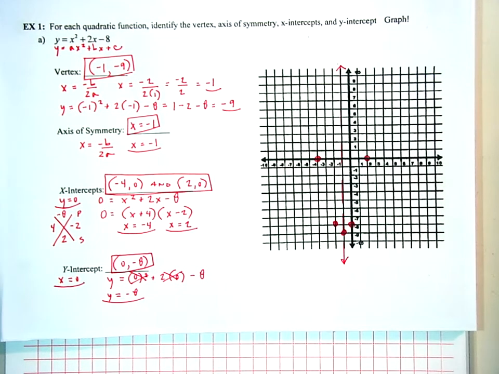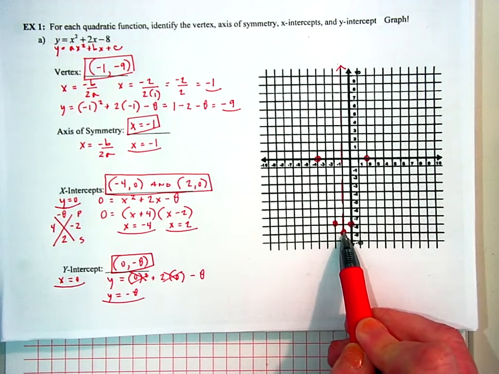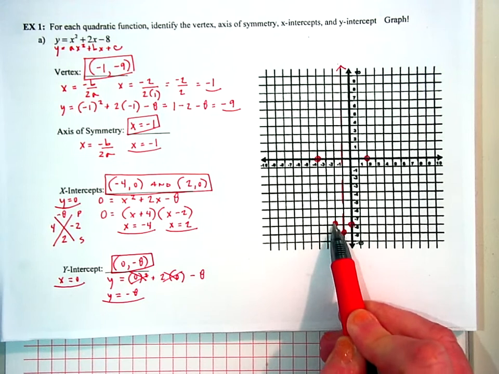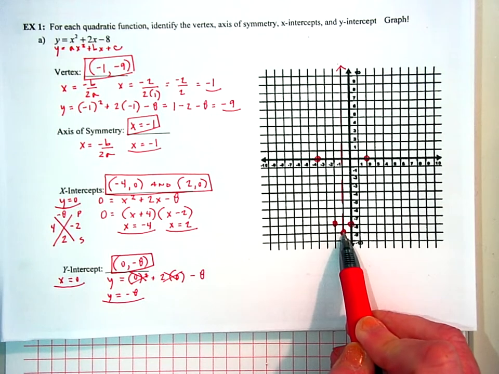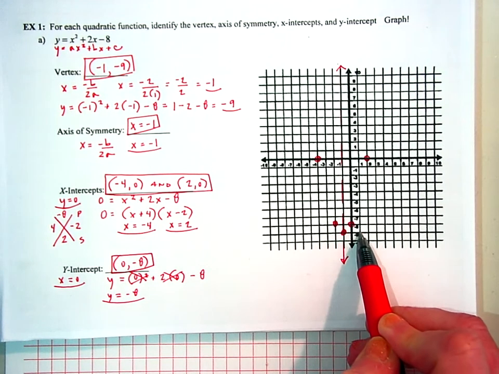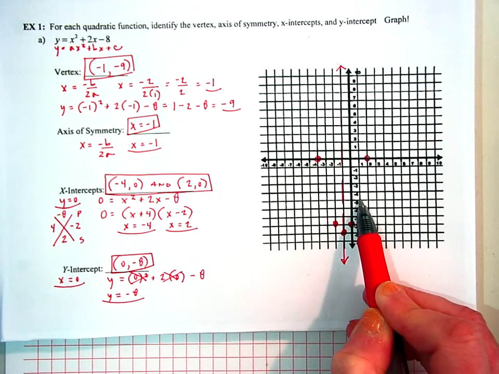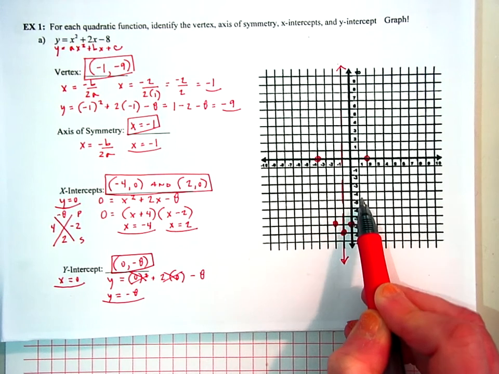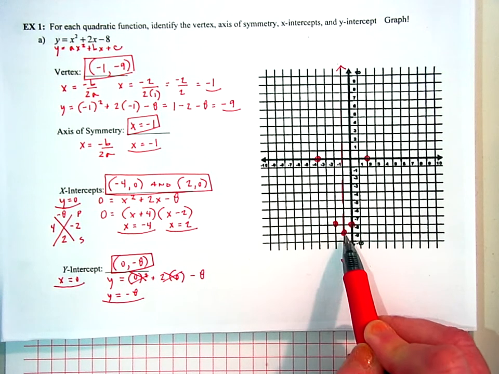Now that I have those points plotted, I just want to remind you of your quadratic parent function and what it looks like. So if we started at our vertex with our parent function, we're usually at the origin, but we start at the vertex and we go over 1, up 1, both sides, back to the vertex. We go over 2, up 4. So I have a point here and its mirror point here, back to the vertex.